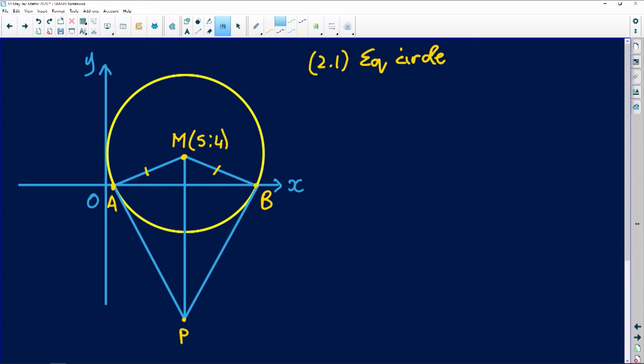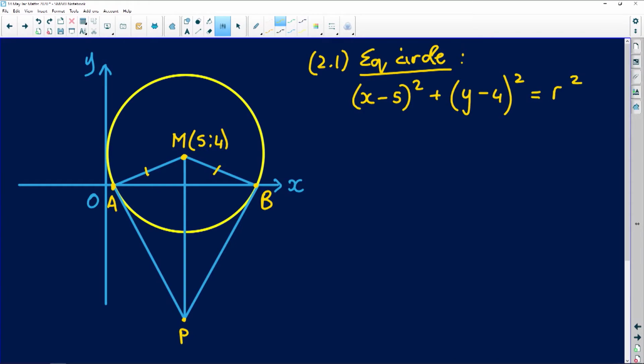So let's see. I've got the center. So it's x minus 5 all squared plus y minus 4 all squared is equal to r squared. Now, for 3 marks, we can't find r.